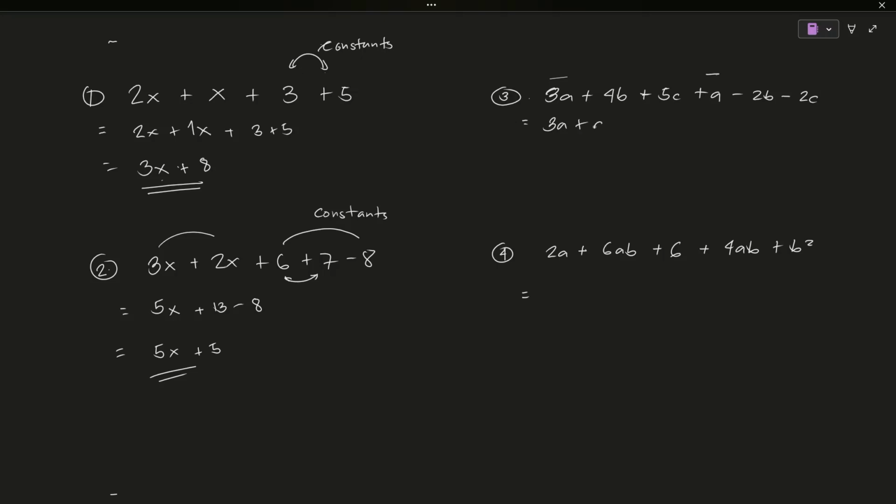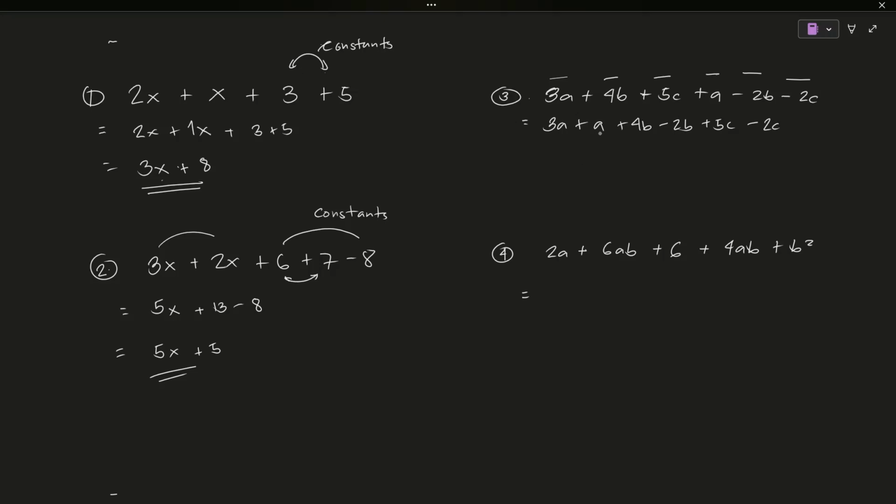So 3a plus a. So next is 4b. The other term that is the same as 4b is negative 2b. So plus 4b minus 2b. For 5c, the same term as 5c is this negative 2c.